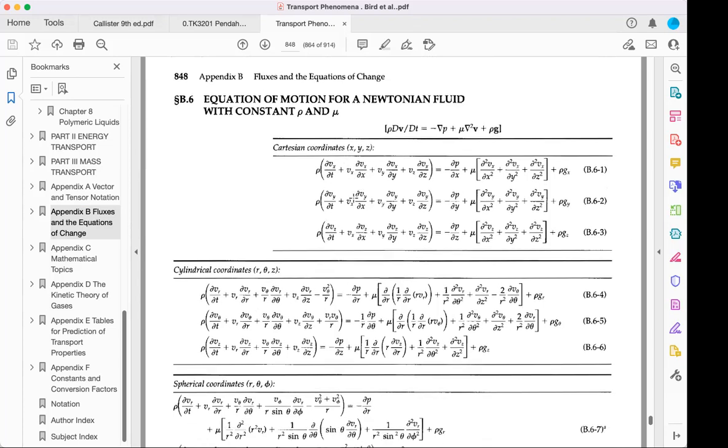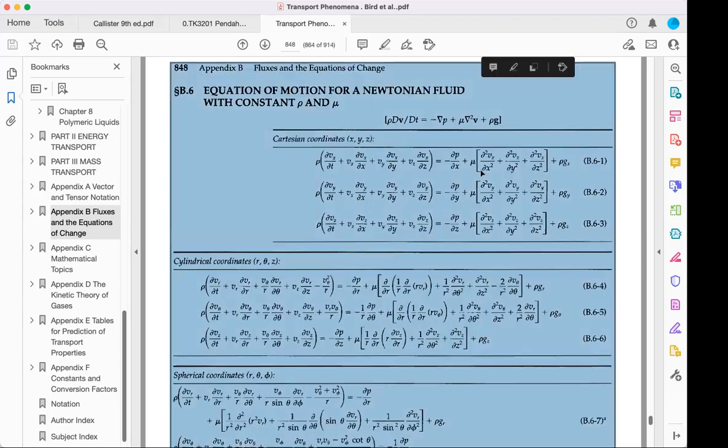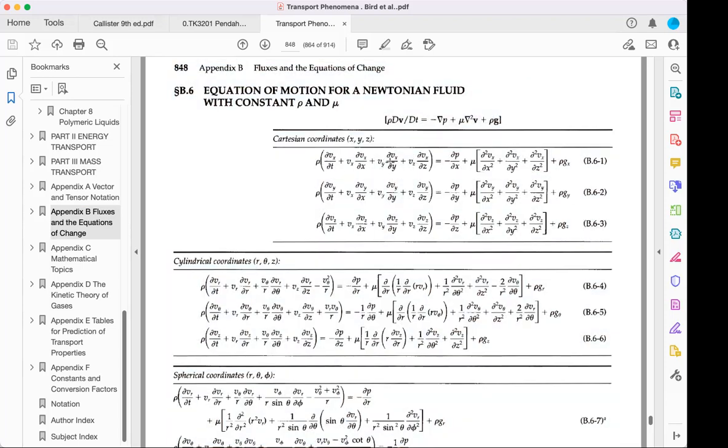This case is really great if you only have boundary conditions related to the velocity. For example, you don't know the boundary condition regarding the momentum flux, but you have the boundary condition regarding the velocity, and you can apply it to this one.